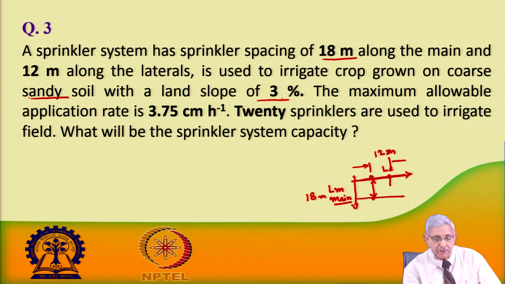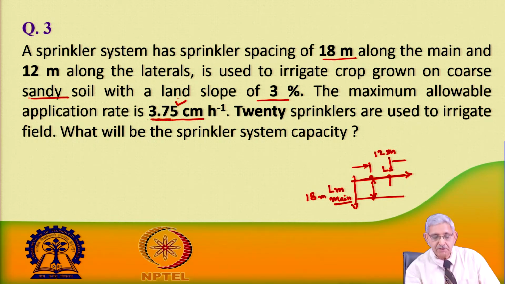The maximum allowable application rate is 3.75 centimeter per hour. So, slope is known to us and the soil is given to us. So, from the data available, we will choose what is the maximum application rate.